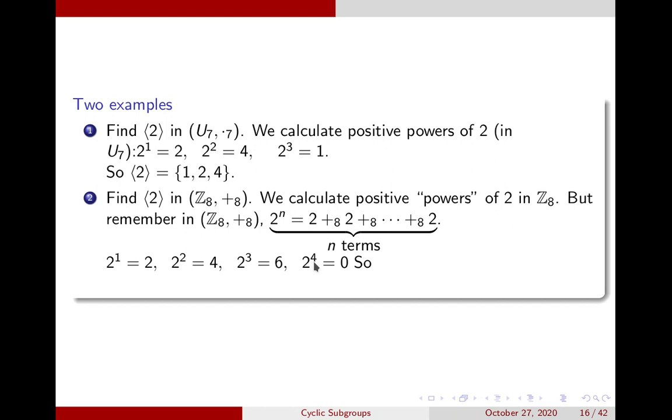So it's the 4th power of 2 that gives us the identity. That means the cyclic subgroup generated by 2 consists of the identity, 2, which is 2 to the first, 4, which is 2 to the second, and 6, which is 2 to the third.